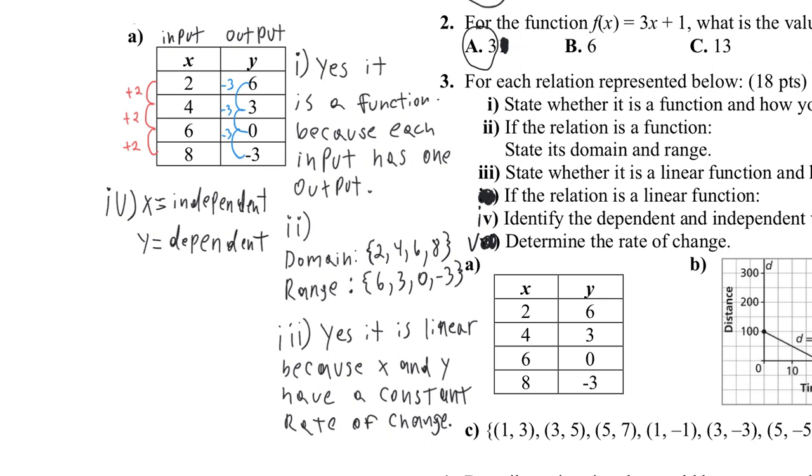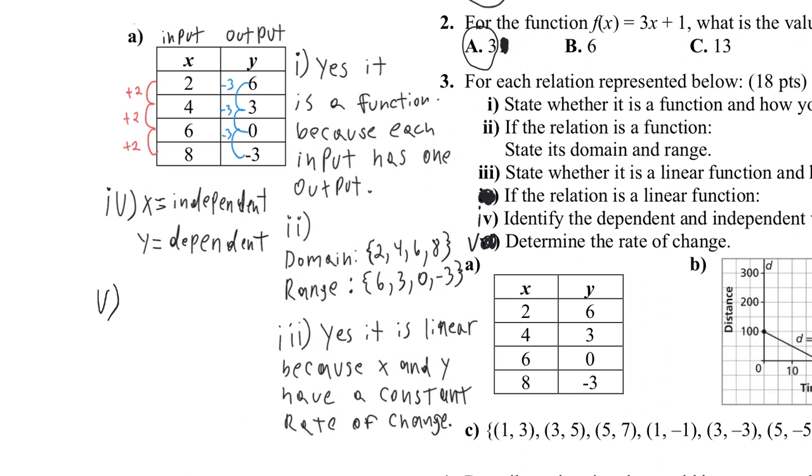And now it's asking us to determine the rate of change. We kind of already did that when we answered number 3. For number 5, the rate of change in a table of values is how much the y value is changing over how much the x value is changing. Later on, we'll learn another word for this. It's called slope.